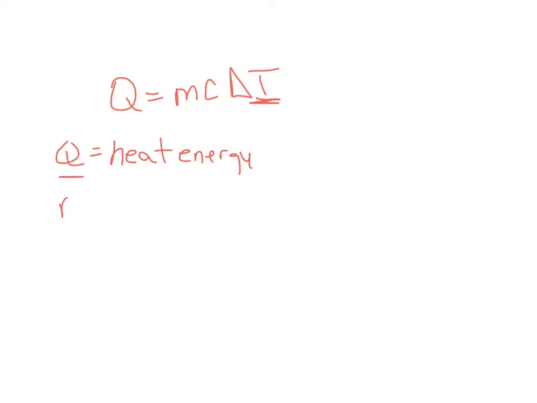All right, M is equal to the mass. How much of that substance do we have? For example, if I had water, and let's say I had a little beaker with 10 milliliters, and then I had another container with 500 milliliters of water.